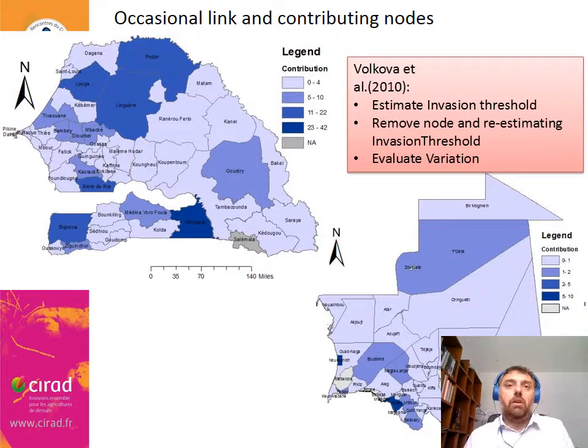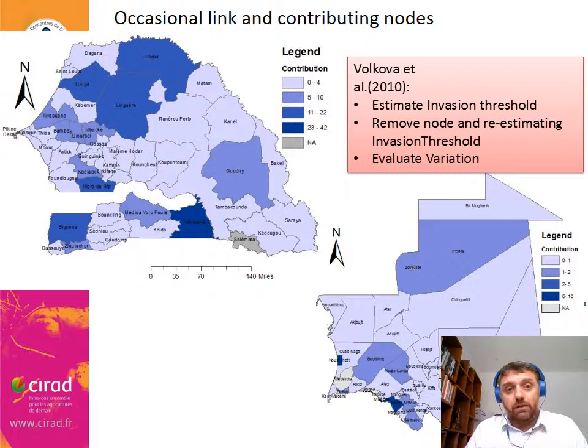But we can also locate what are the most important locations, in this case departments, in the diffusion process. To do this, we follow a procedure developed by Volkova: we estimate the invasion threshold, the R naught, as we have seen before. Then we select a node, we remove the node, we estimate the invasion threshold again, and we estimate in particular the variation between the two. The higher this variation, the more important this node is in the diffusion.